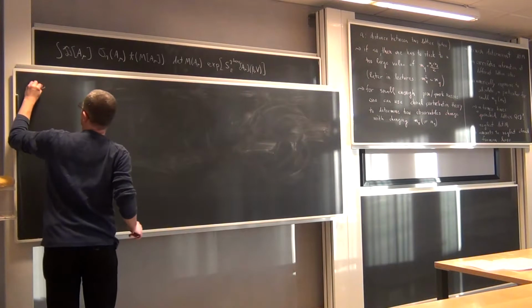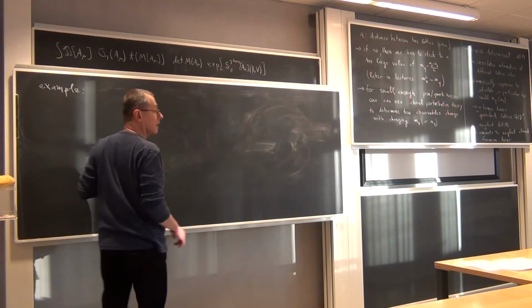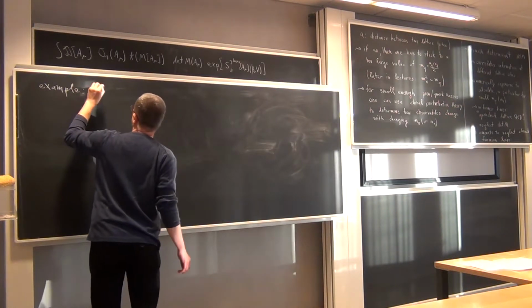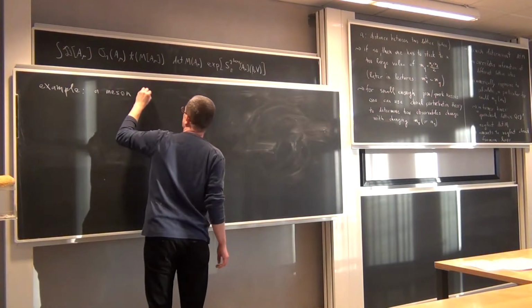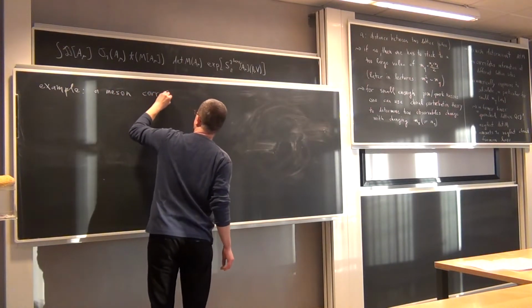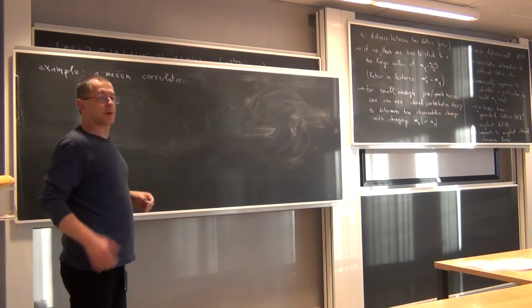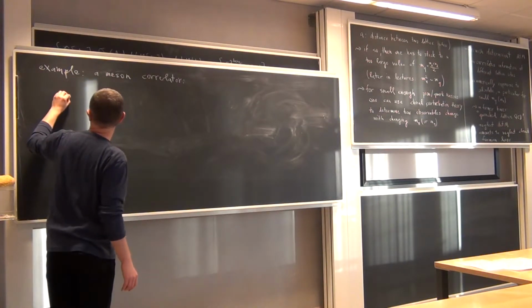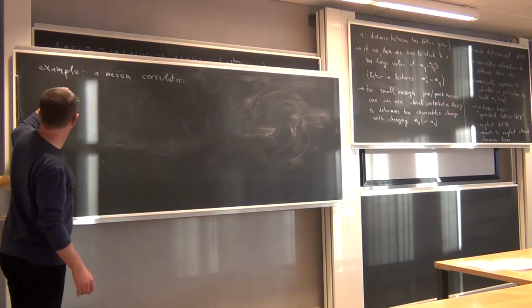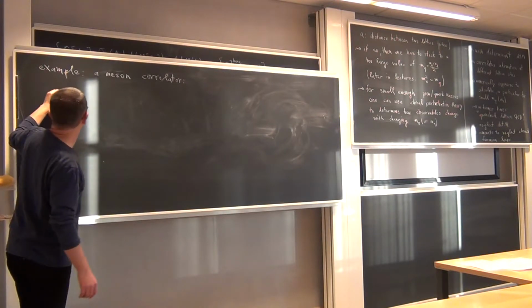So one example. Let me look at the meson correlator. A meson correlator is that I put a quark anti-quark field somewhere. Let me display this in this way. I have a quark and an anti-quark, which is my meson.